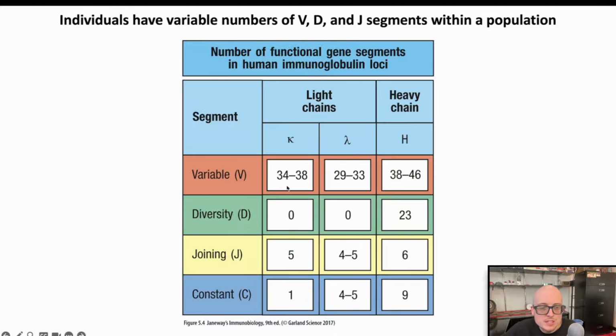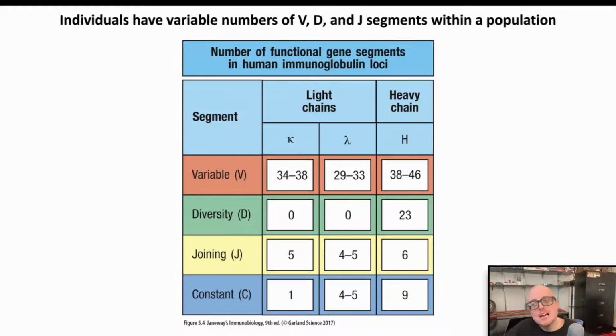Again, this varies depending on the individual person, and a certain number of J segments, and to calculate how many unique light chains we might make, we're just going to do some multiplication. And then similarly in the heavy chain, we can multiply all the possible V segments by all the possible D segments by all the possible J segments in order to figure out the total number of outcomes that are possible, which would represent the total number of unique antigens that we might recognize.